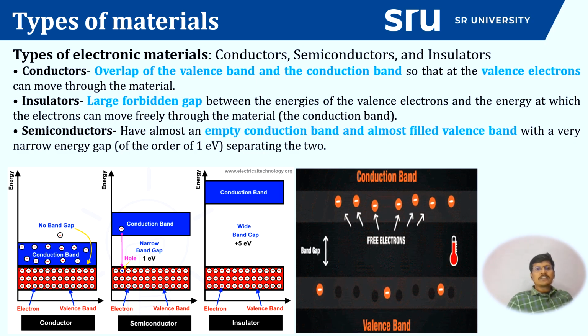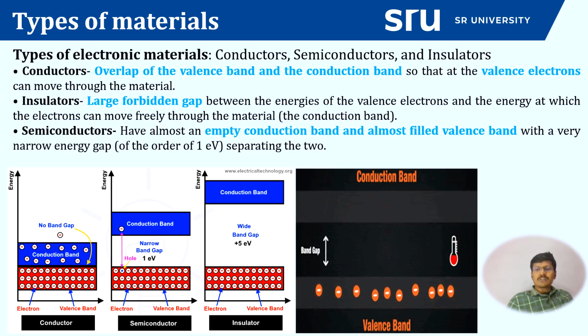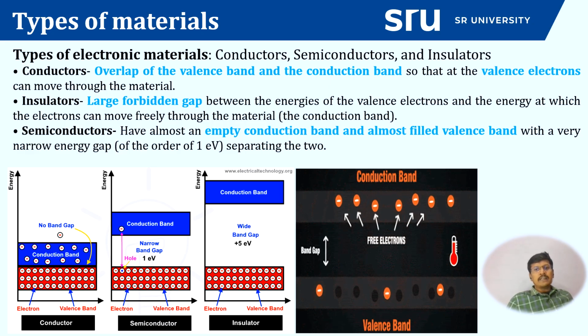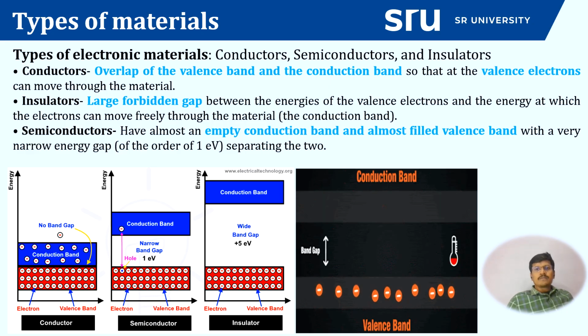In these materials, the electrons are tightly bound to the atoms and they cannot move freely. So electrical conduction is very difficult in insulating materials. Therefore, the current flow is extremely limited in insulators.